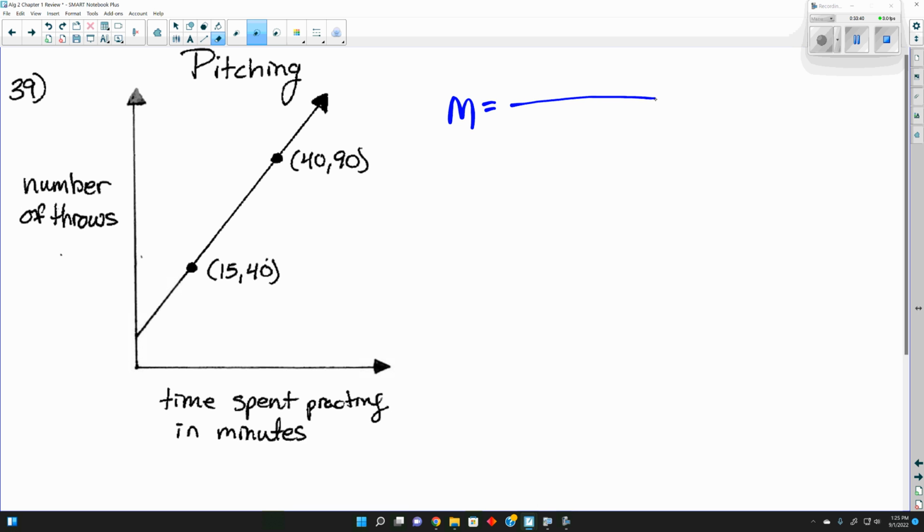Give me one of the two y values. Minus, what is 90's corresponding x value? This here is the only one that we really have where order matters. Because if we pick 90 first, its x value has to go first. Whichever y value we put first, its x value has to go first.